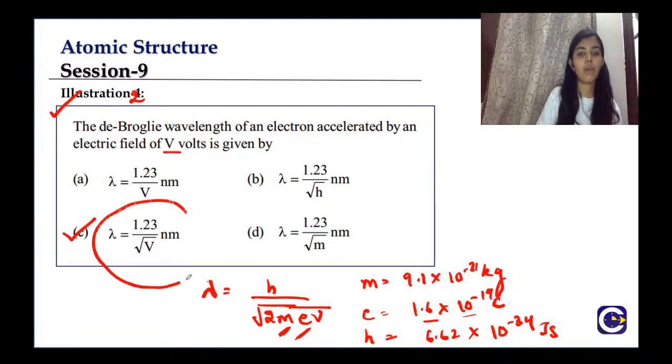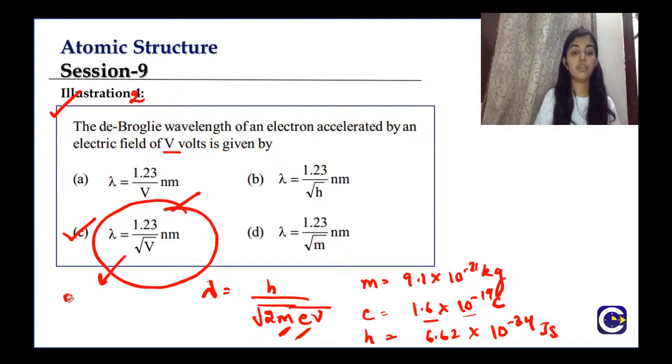This formula you have to remember by heart, and it is only true for electron, because here we were keeping the mass of electron and the charge of electron. So this formula is only valid for electrons, right? So this you have to keep in mind.